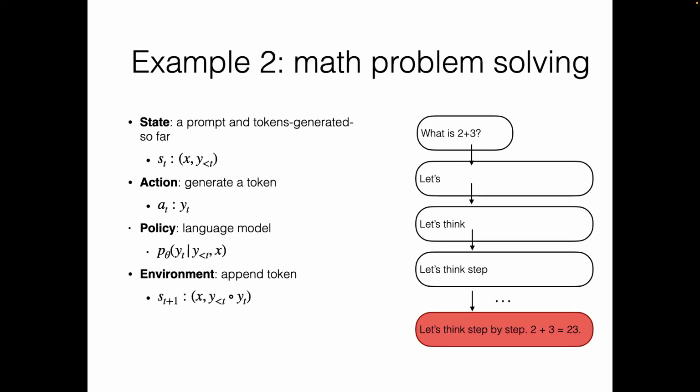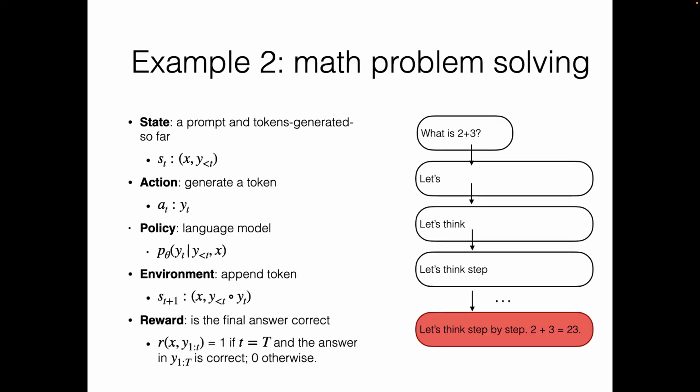Now here is why it's maybe not the most exciting use of reinforcement learning. The environment is in some sense kind of boring. The environment is saying basically at each step, we're just appending the token, and that will be the new state. And then the reward, let's say that you only are able to evaluate the final answer.